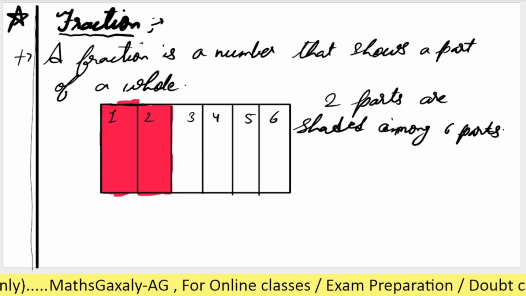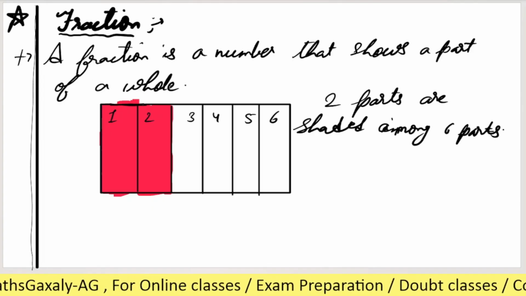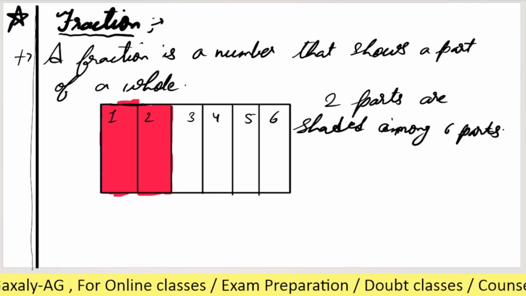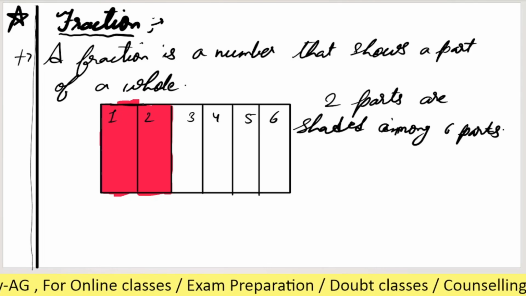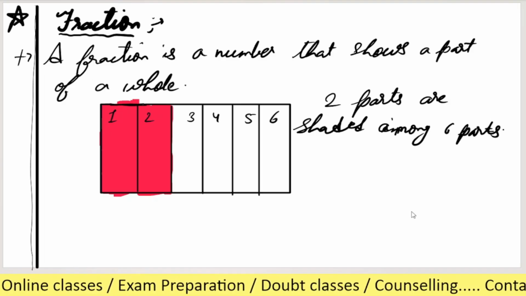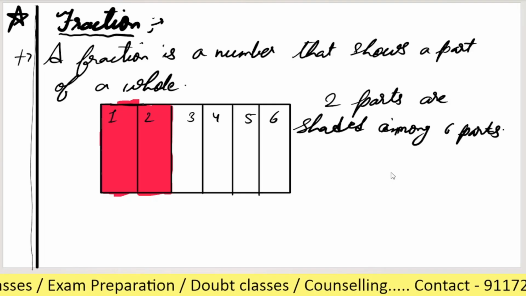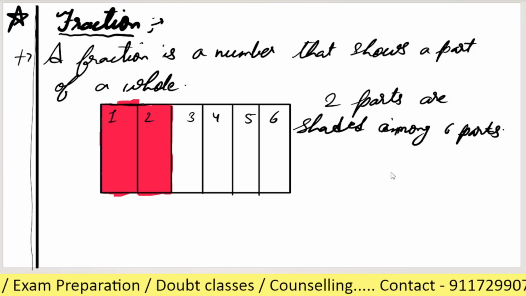Yes, Ethan. So as you can see here, two parts are shaded among six parts, right? The total number of parts is six, and the number of shaded parts is two.